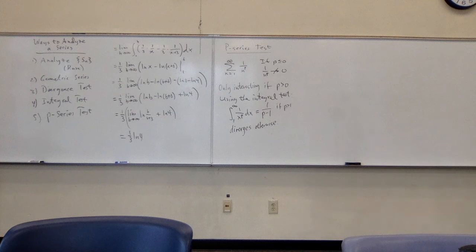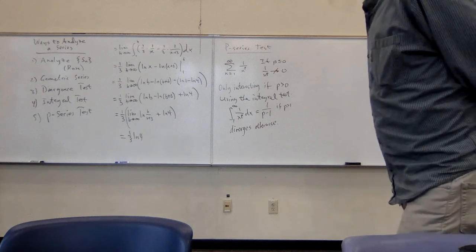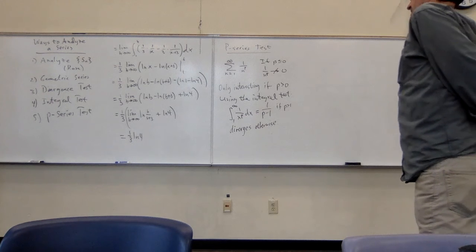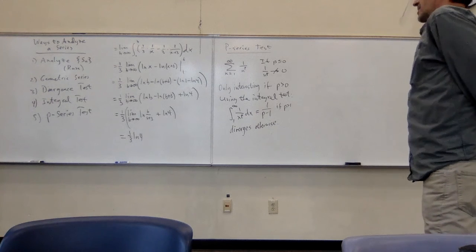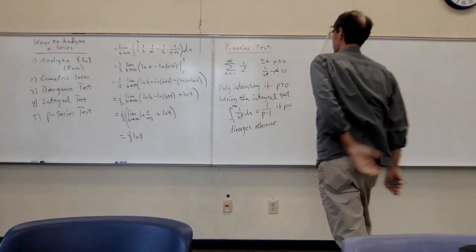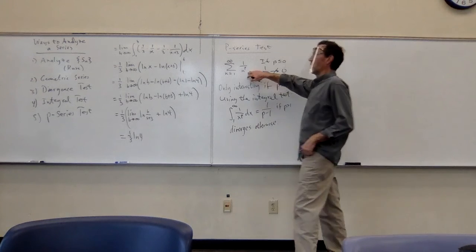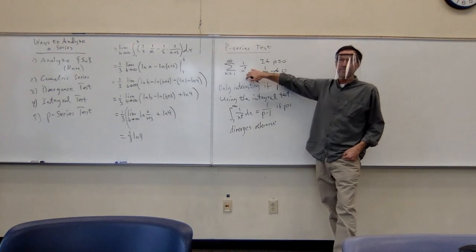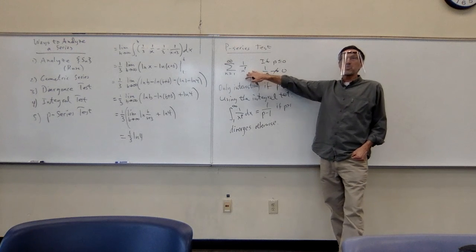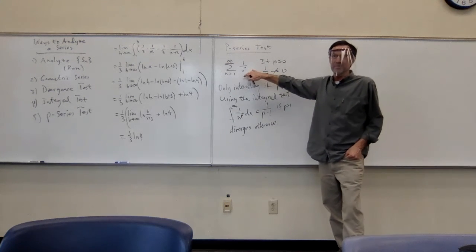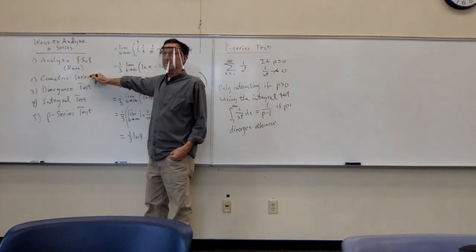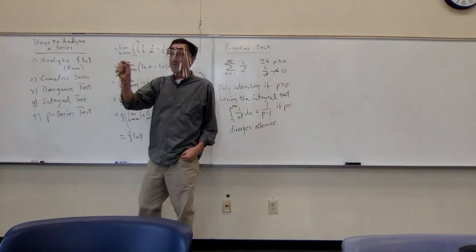Right? If it were Sn, we could just find the limit of that, which would be 0. If we were to analyze Sn, we would need to find a way to write it in a form that we could take the limit of. And that is really, really hard to do unless we have a geometric series or a carefully chosen one.